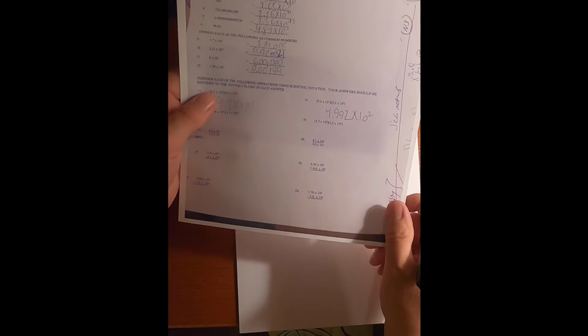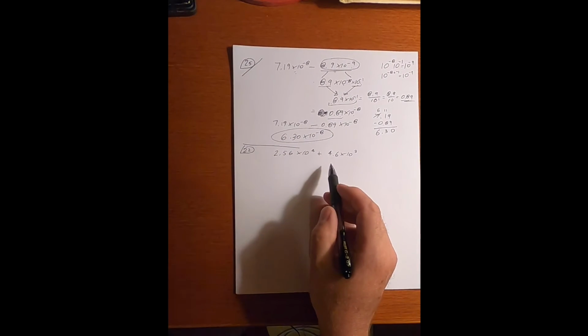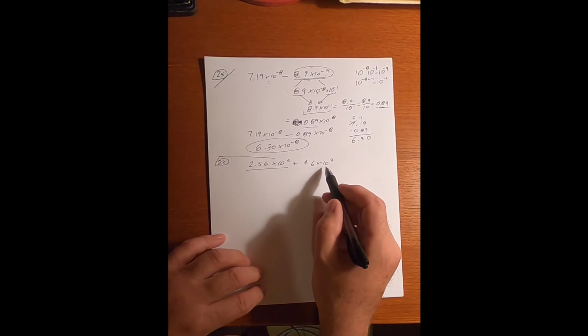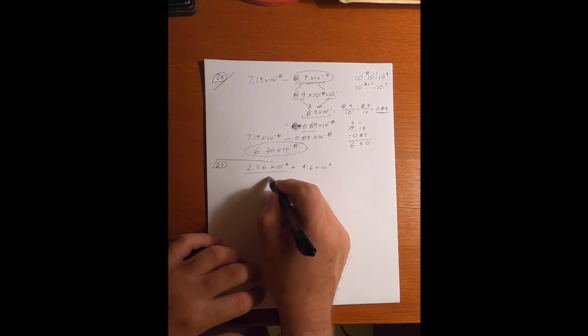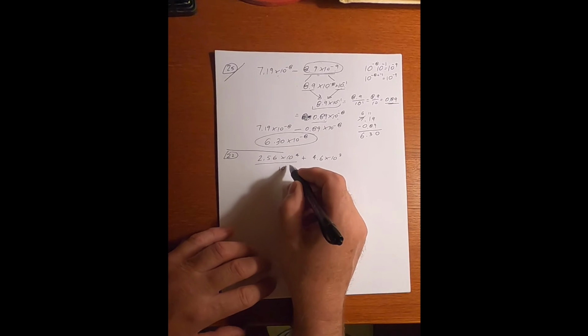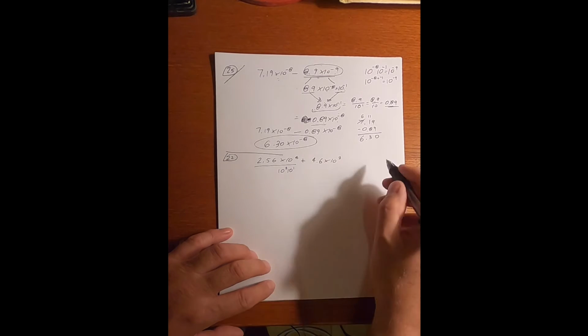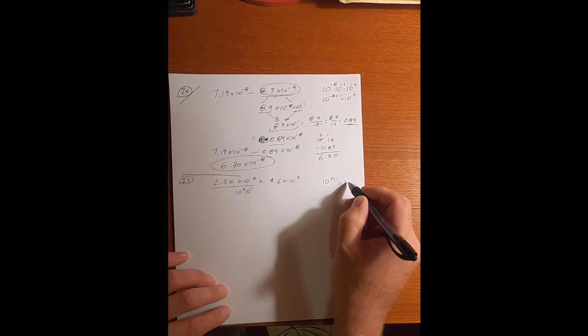There's nothing different here. I'm going to attack the first term because I want to make it like the 3rd. How do you get a 4th? You multiply 10 to the 3rd power times 10 to the 1 power, because 10 to the 3 plus 1 equals 10 to the 4.